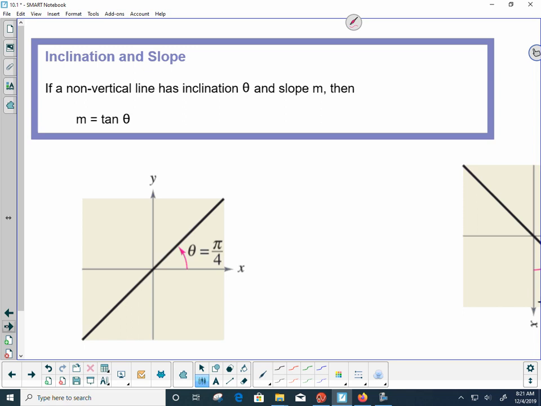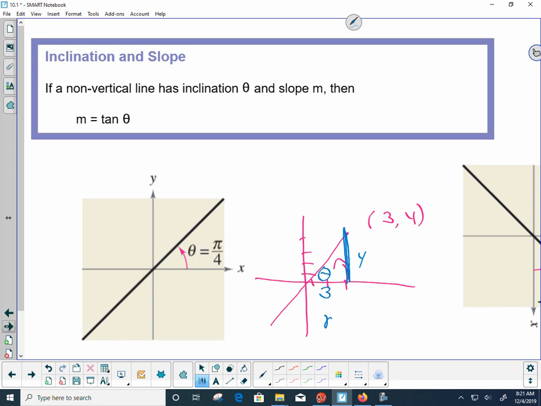So, you remember from trig, I hope you remember from trig. If I go 1, 2, 3, 1, 2, 3, 4, and I had this line that went through the point (3, 4), and I asked you to find this angle, back in trig you would make a triangle. Here's your theta. This is 3, this is 4.